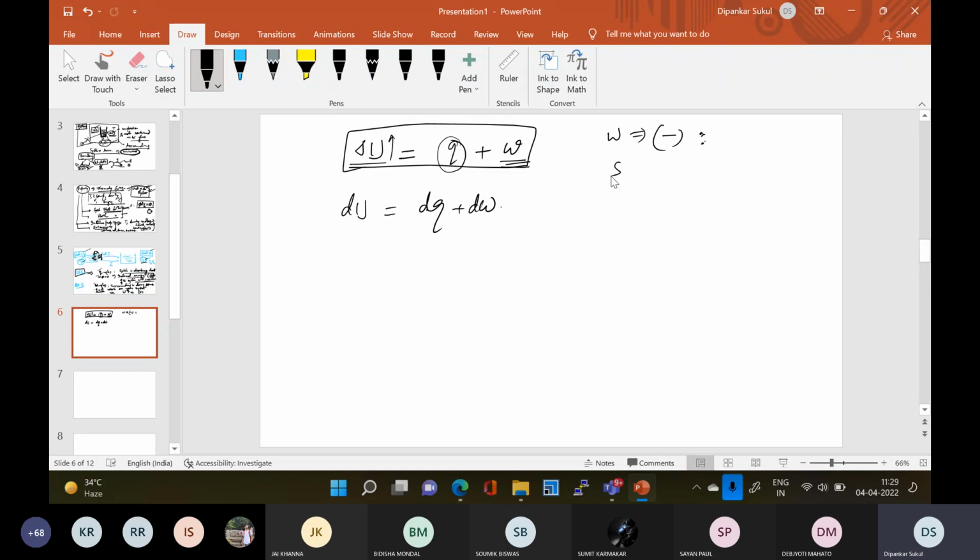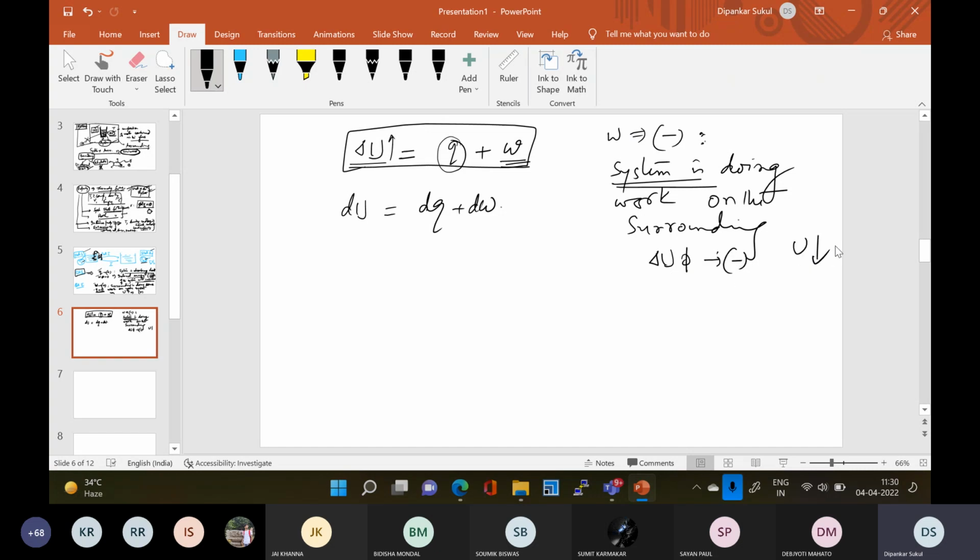This means the system is doing work on the surrounding. And when a system does some work, its internal energy will decrease. That is, the change will be negative. So this is the first law of thermodynamics.